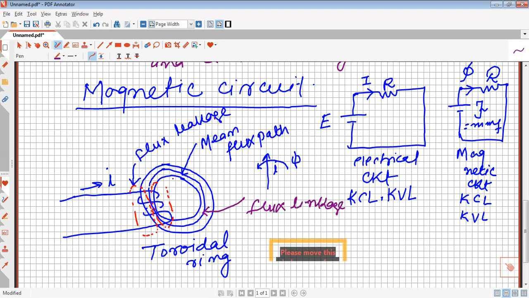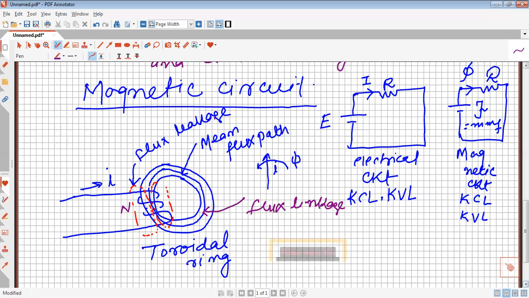This is our toroidal ring, and a winding is placed here. Suppose there are N number of turns placed here, N may be 10, maybe 20, maybe 100, maybe 1000, like that. The current will flow from here, and a magnetic field is set up inside the core and outside the core. So the flux outside is called flux leakage.